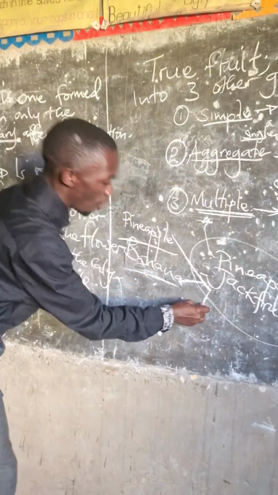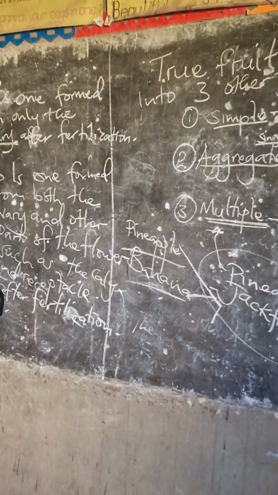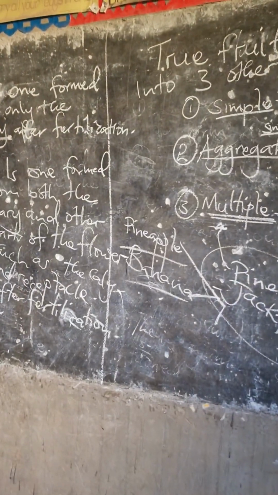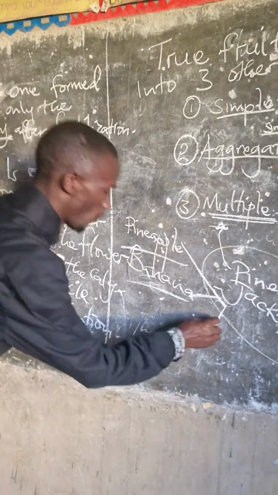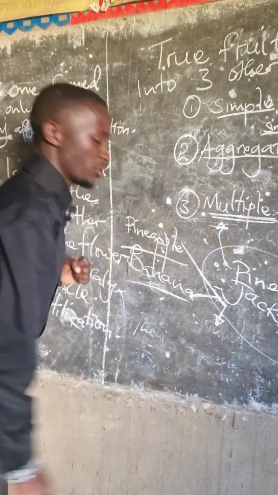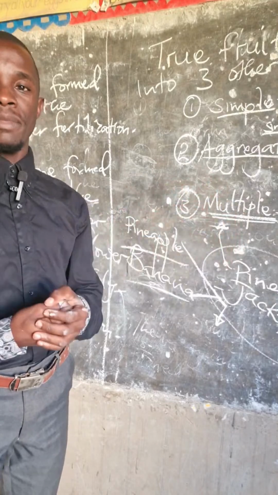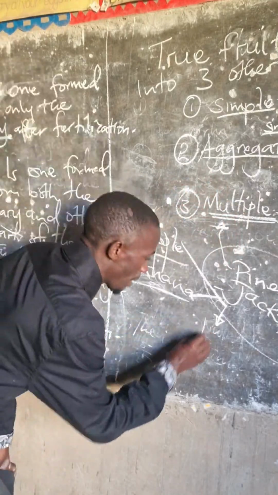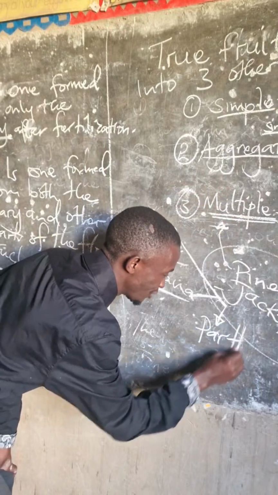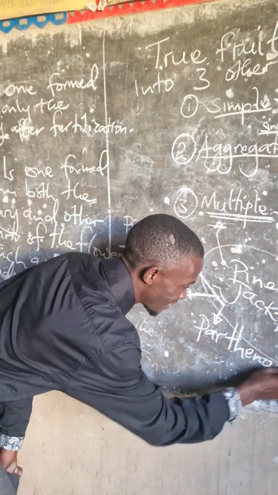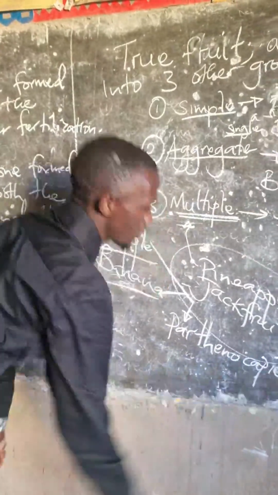These two fruits form without fertilization. This kind of fruits that form without fertilization, without fusion of the male and the female gametes, are known as parthenocarpic fruits.